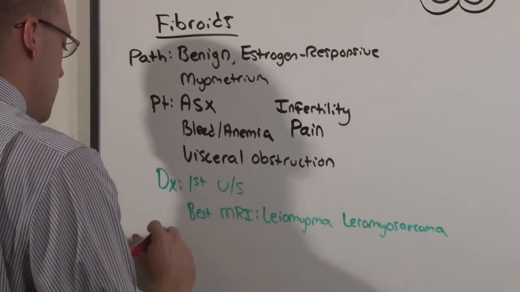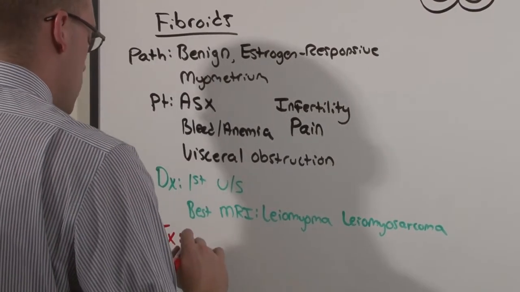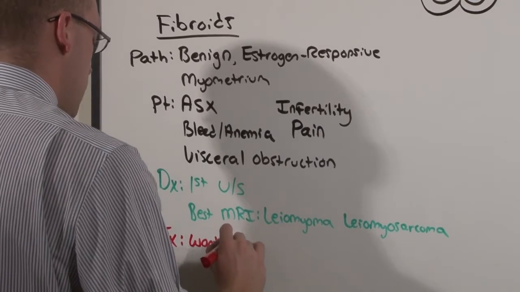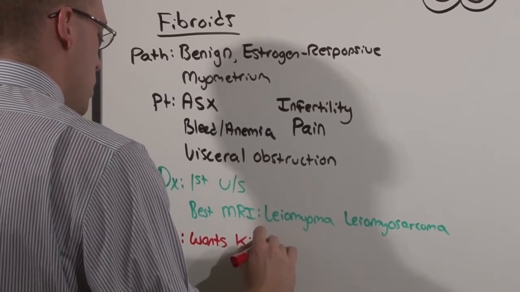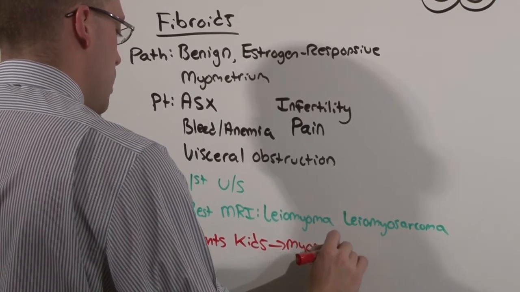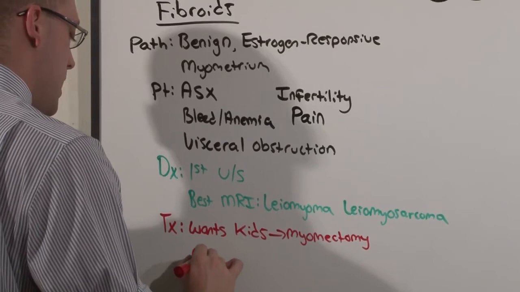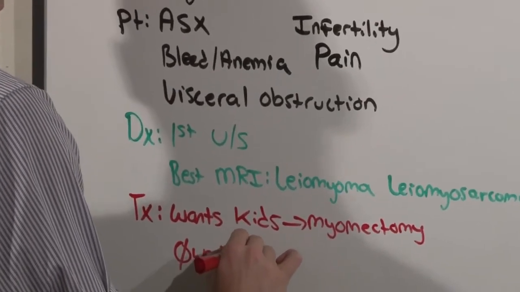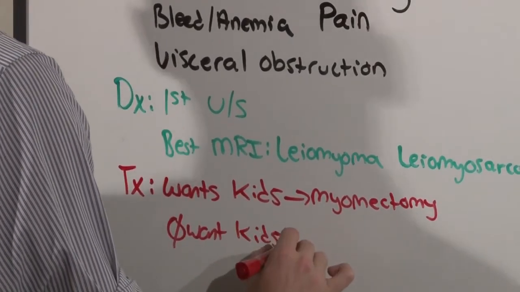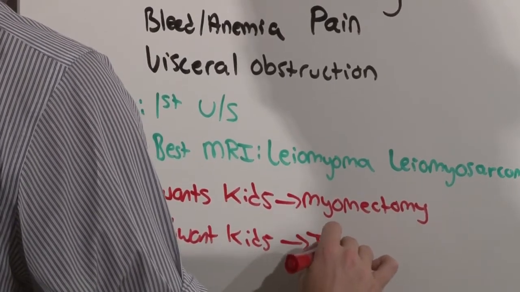The treatment is going to be dependent on what mom wants. If your patient wants to have more kids, you are simply going to perform a myomectomy. You're going to get rid of the fibroid that's causing all the problems. If she does not want kids, a much easier procedure, and it's more benign for mom, is simply a total abdominal hysterectomy.